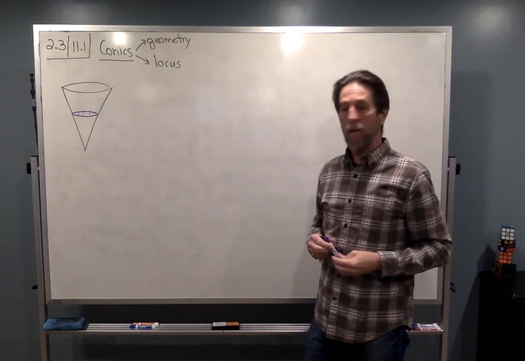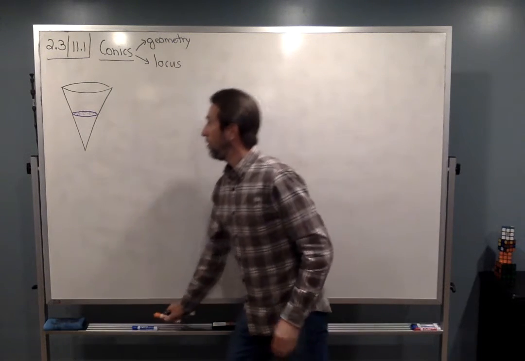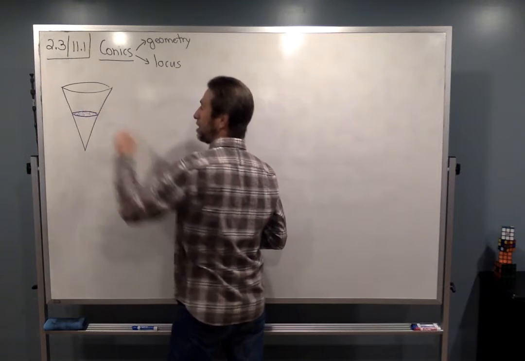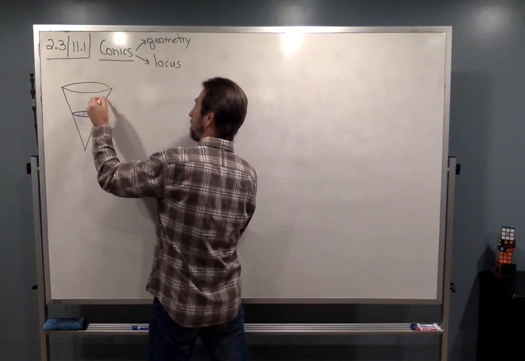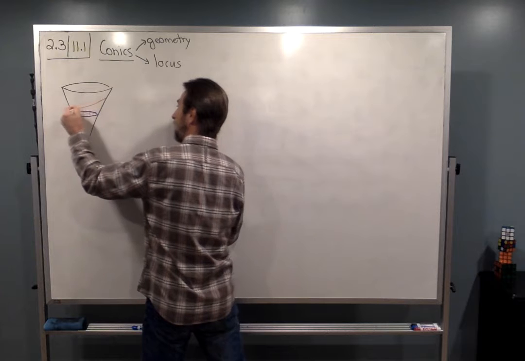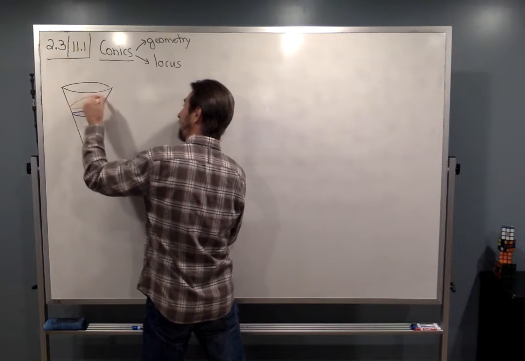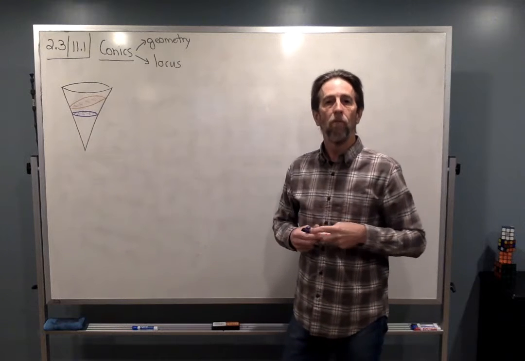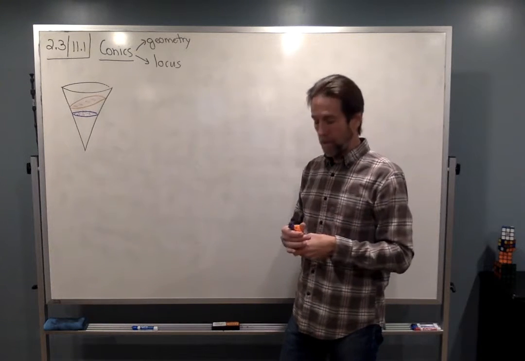And a circle is one of the conics. If I take the plane that I sliced this cone with and angle it just a little bit, I'm going to get what's known as an ellipse. So those are two of the most basic conics.